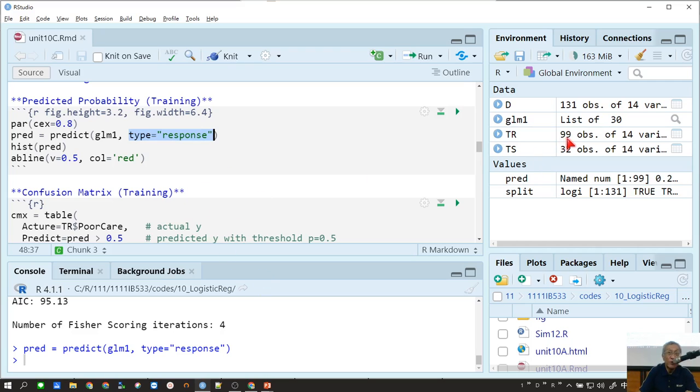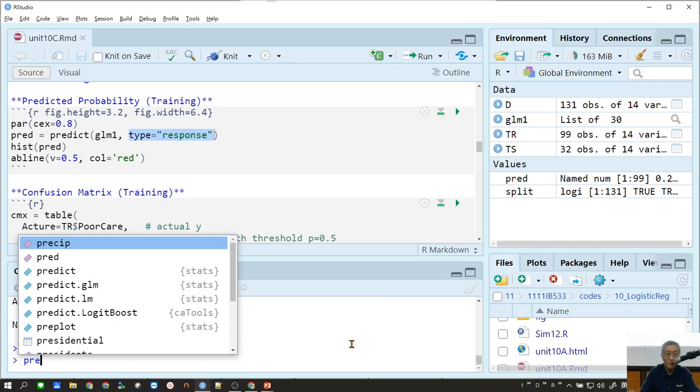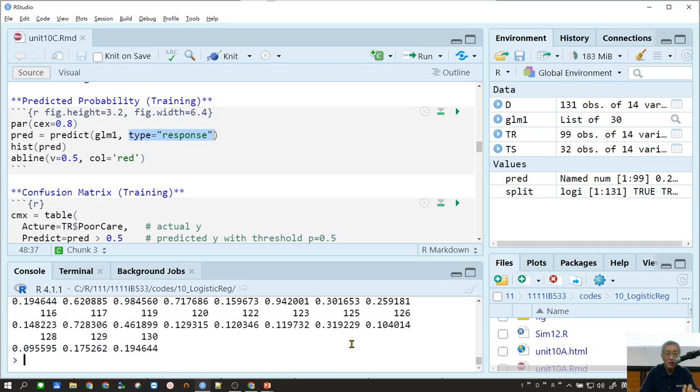There are 99 points in the training data, so there are 99 predicted probabilities here. We can see it. See, they are probabilities.